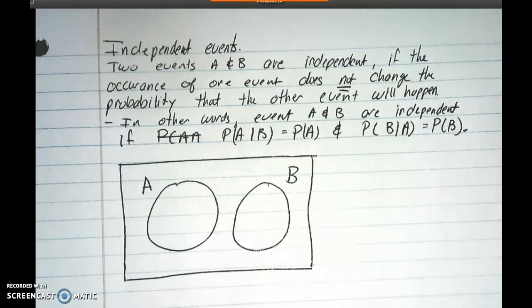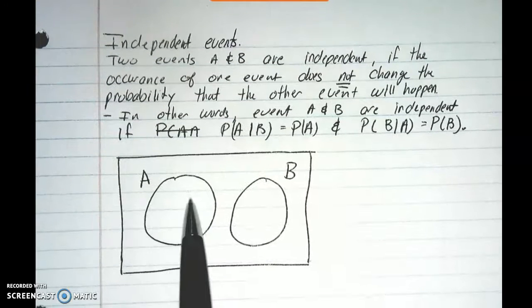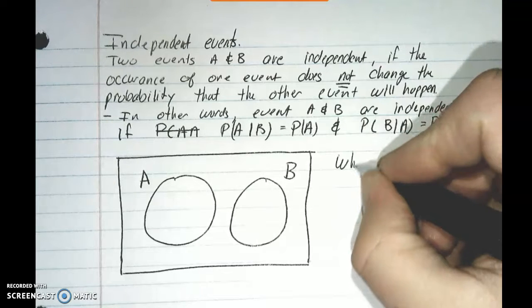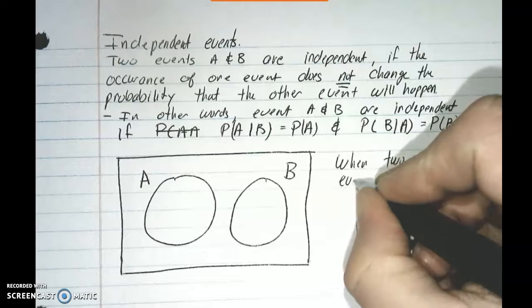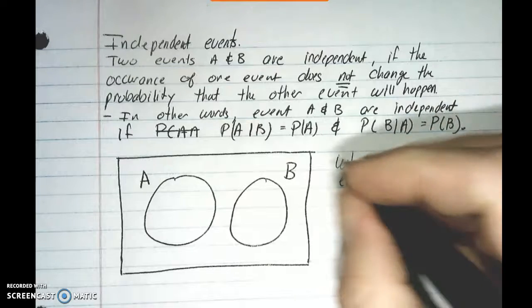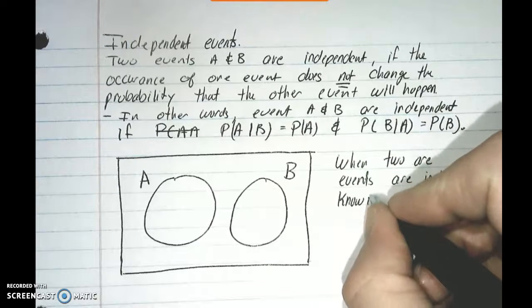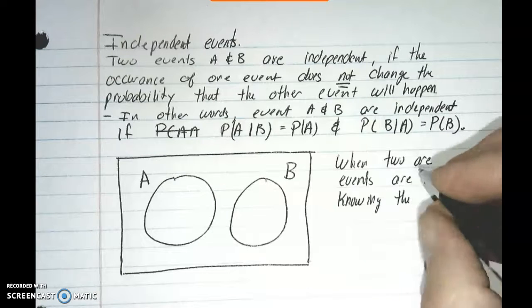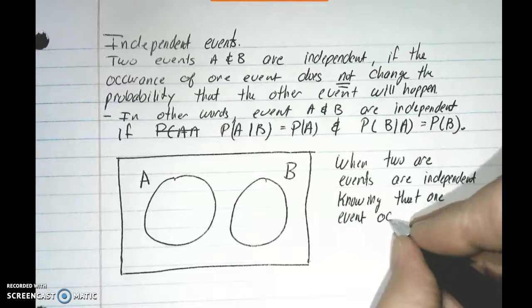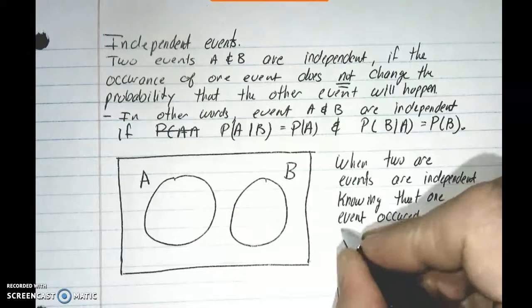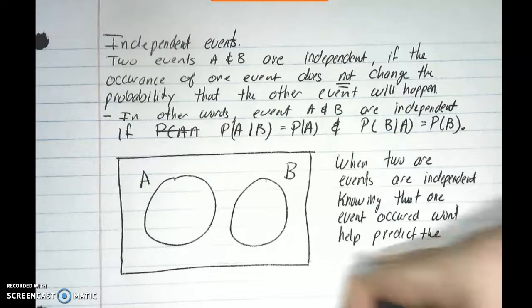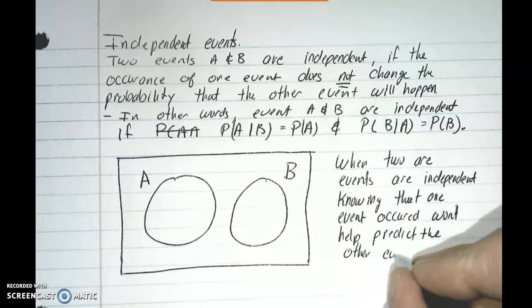Okay, so basically what we know is that the stuff in A is not going to help us predict stuff in B. That's what we're saying: when our two events are independent, knowing that one event occurred won't help predict the other event occurring.